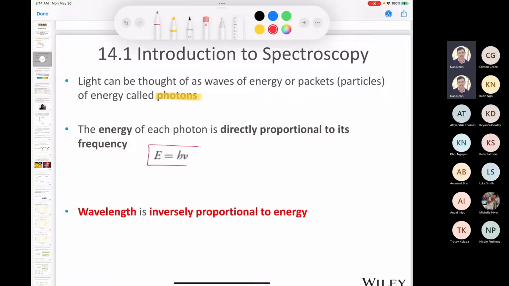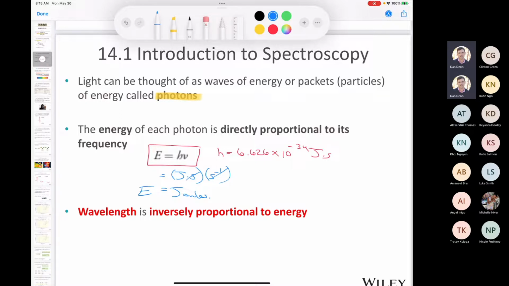We have this formula here: energy is equal to h times nu, where nu is frequency and h is Planck's constant, so h is equal to 6.626 times 10 to the power of -34 joules times seconds. Well, if energy is equal to Planck's constant times frequency, then energy is equal to joules times seconds multiplied by reciprocal seconds, and this cancels out, and we get our energy in joules, right? And we should know that joules are a unit of energy.